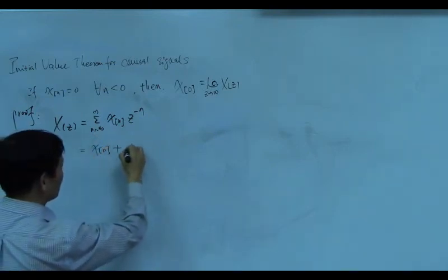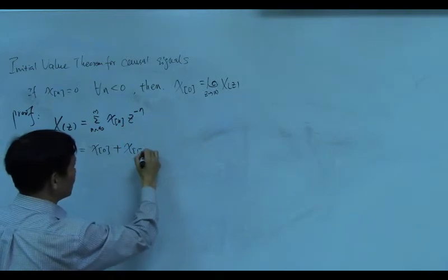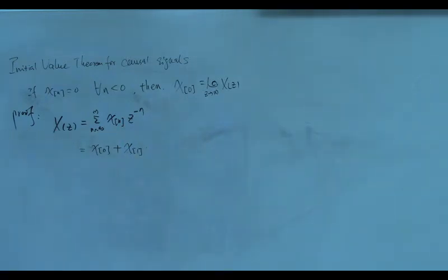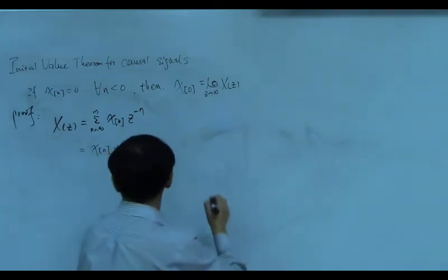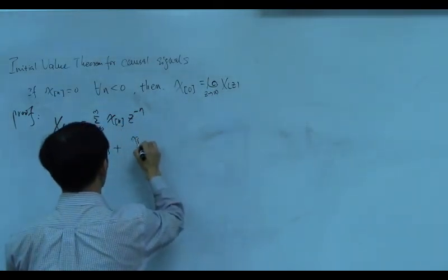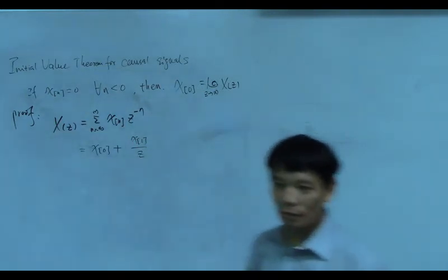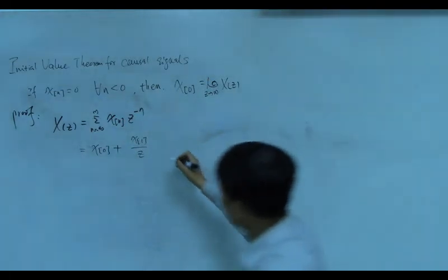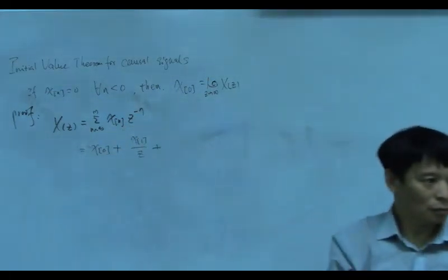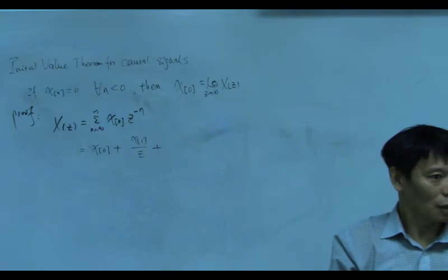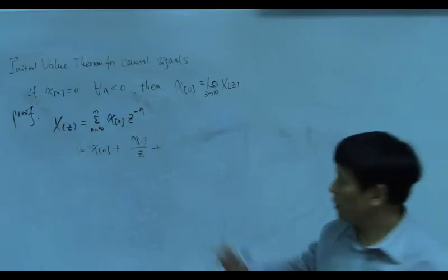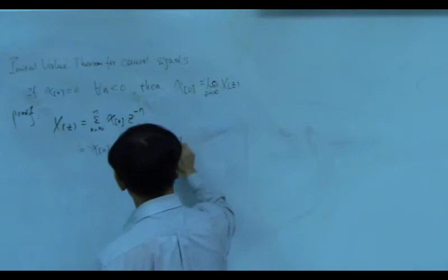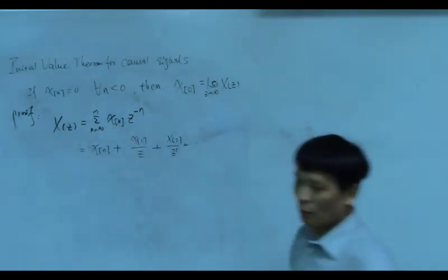So that one will be x1 times z to the power of negative 1, or x1 over z. Good? Now what's the next term? x2 over z squared, and so on. We can have infinite terms.